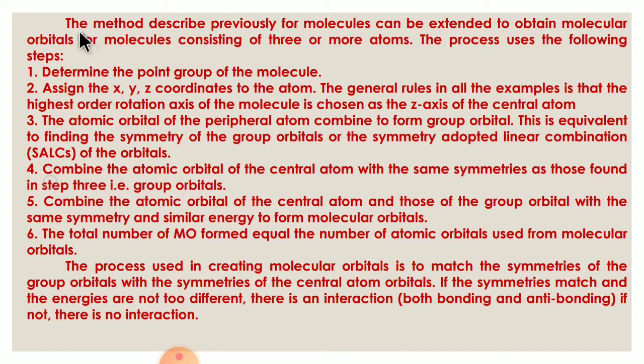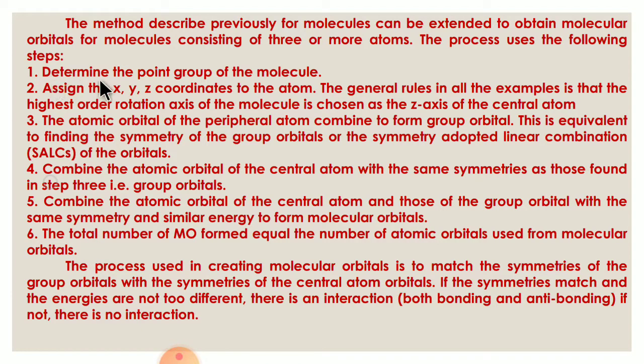The next point is that the method described previously for molecules can be extended to obtain molecular orbitals for molecules consisting of 3 or more atoms. The process uses the following steps. These steps we have already followed in the construction of molecular orbital diagrams of various diatomic and polyatomic molecules.